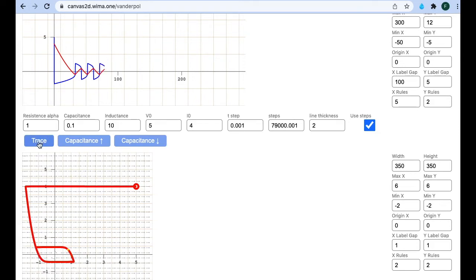What if we start from a smaller value? If we start with a smaller value, we reach the limit cycle very quickly, and then start oscillating there as well.